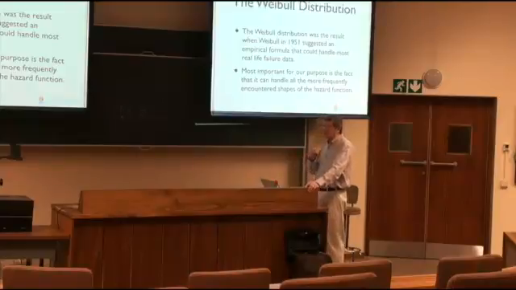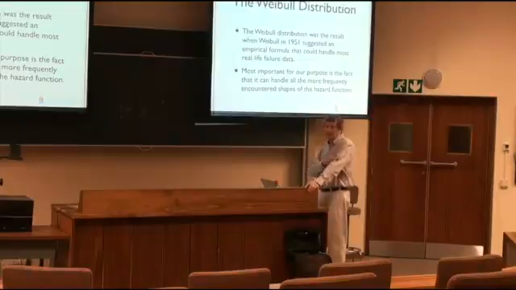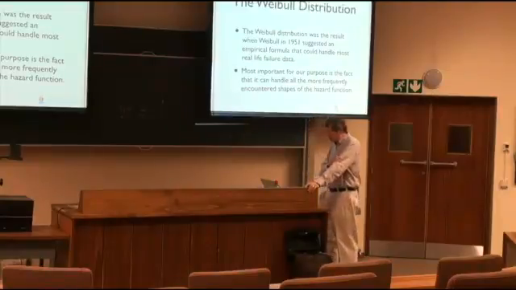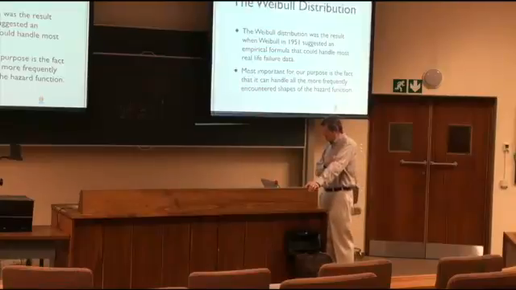He looked at the problematics and he found that not one of the existing distributions could really handle everything. So he tried to find something that can handle all or most, at least most, failure situations. Most important for our purpose is the fact that it can handle all the more frequently encountered shapes of the hazard function.